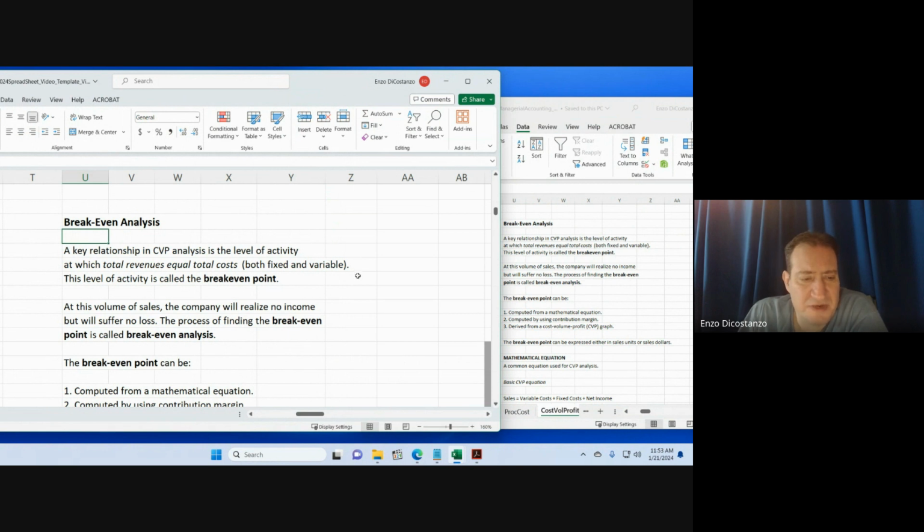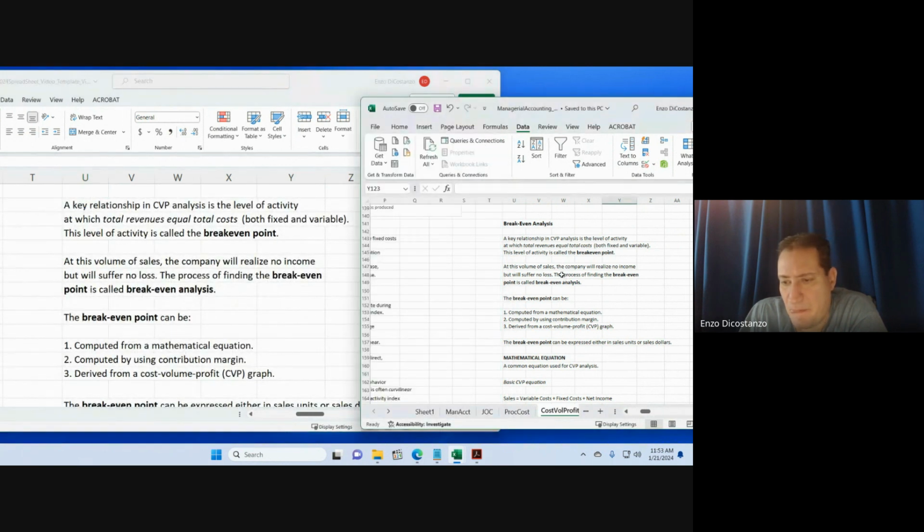The process of finding the break-even point is called break-even analysis. Just a little cleanup here. Break-even point.